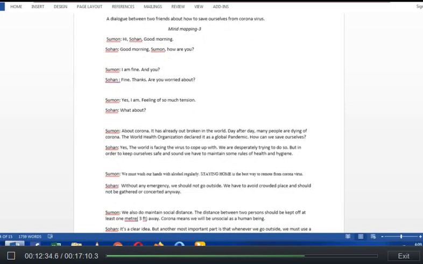This is the final figure, mind mapping 3. The dialogue between two friends, Shumon and Shohan. Dear students, if you don't mind, I may act out the dialogue on both sides, Shumon and Shohan.